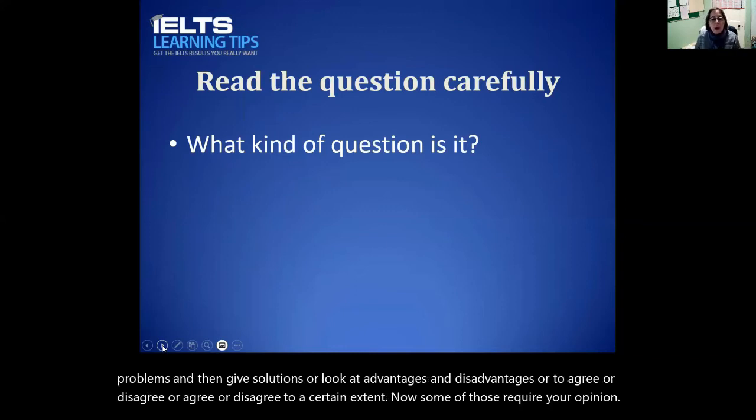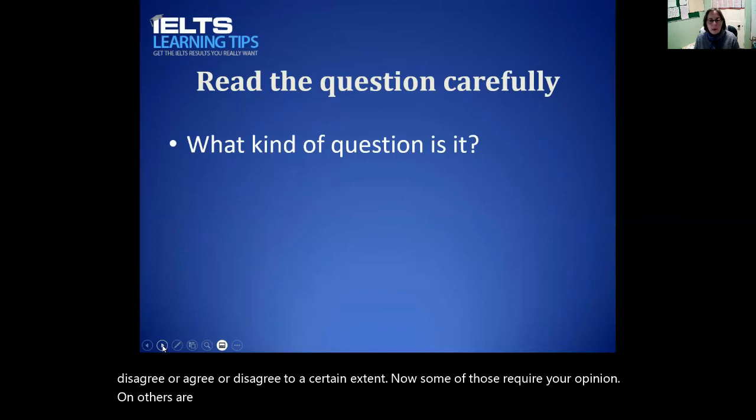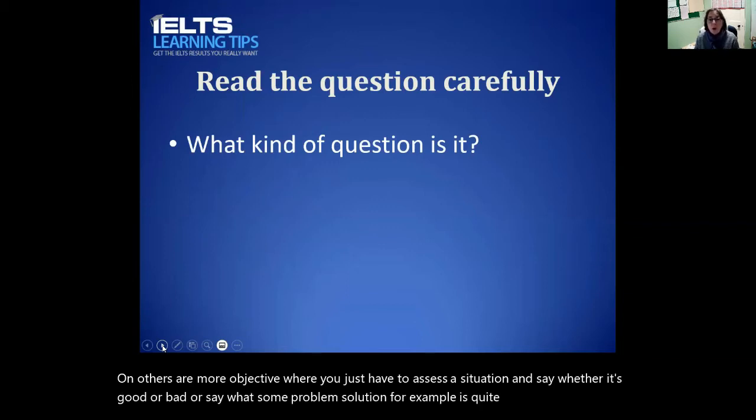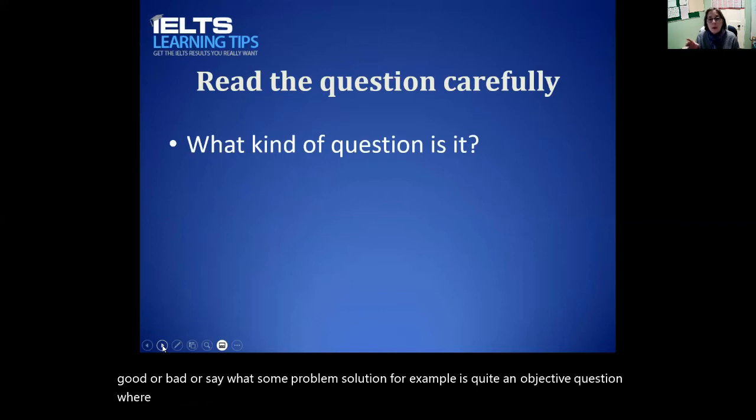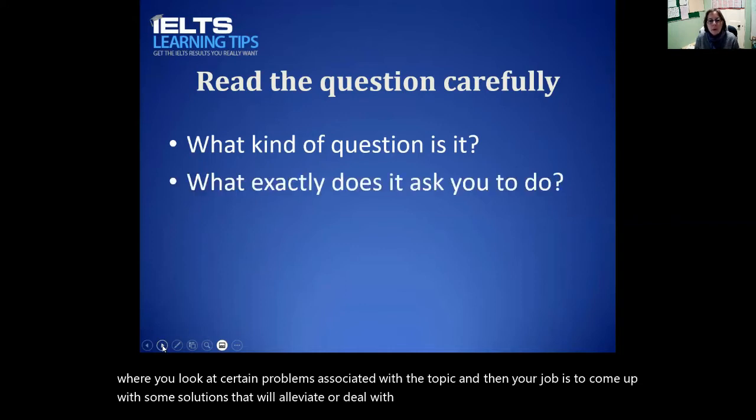And others are more objective, where you just have to assess a situation and say whether it's good or bad, or say what some problem solution, for example, is quite an objective question, where you look at certain problems associated with a topic, and then your job is to come up with some solutions that will alleviate or deal with those problems. Okay, and this is what it's asking you to do.